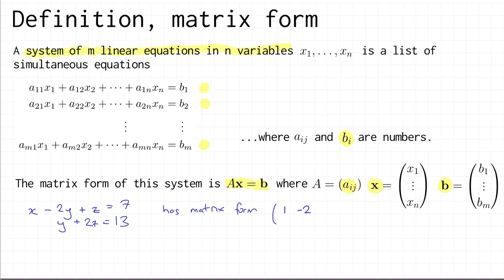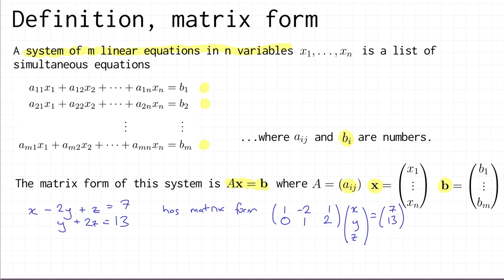So that's 1, minus 2, 1, and then 0 x's and 1 y and 2 z's. Then your variables were x, y and z in this case, and the right-hand side, b, would be the column vector of height 2 with entries 7 and 13.